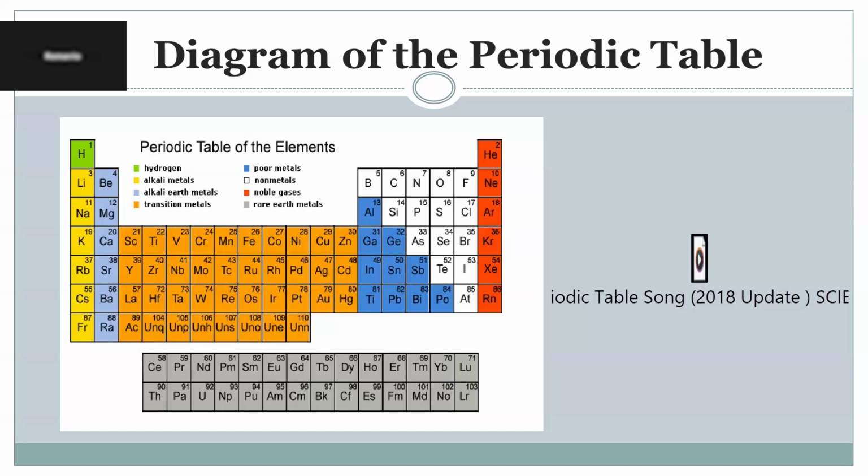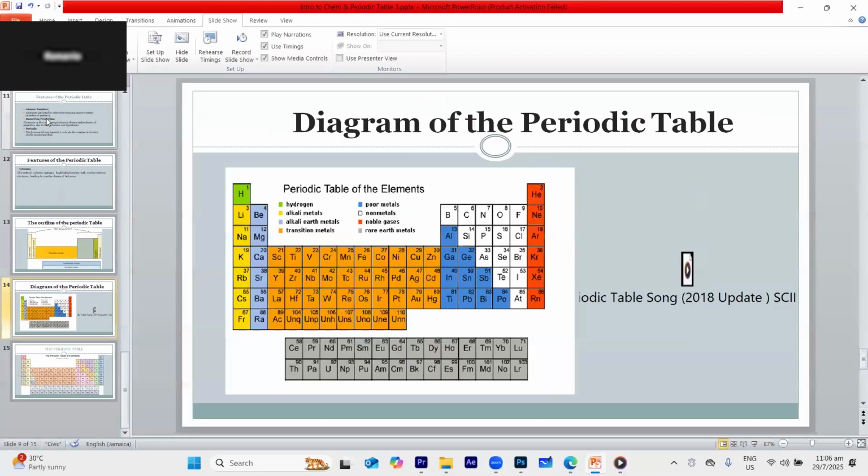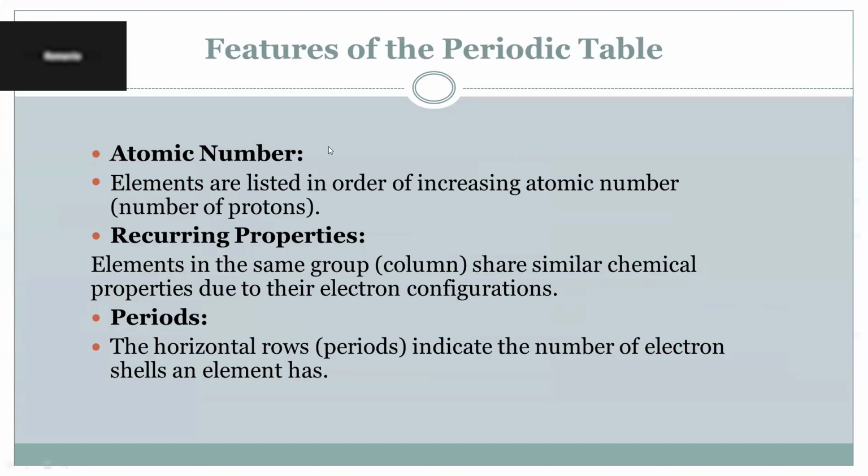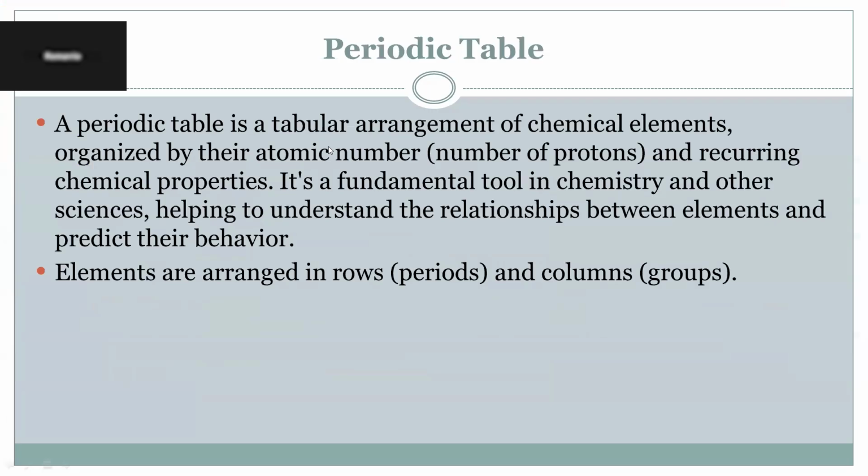Good. Excellent. So the idea is that as it relates to the periodic table, the elements are arranged based on what we deem the atomic number. So they're arranged in order based on the atomic number.